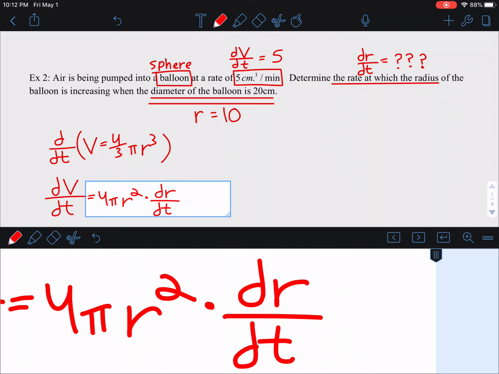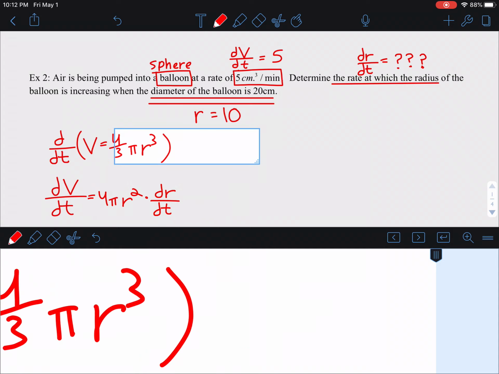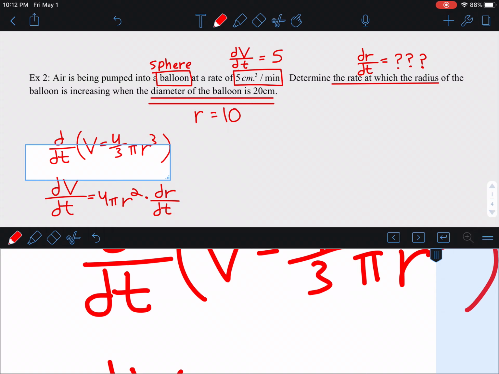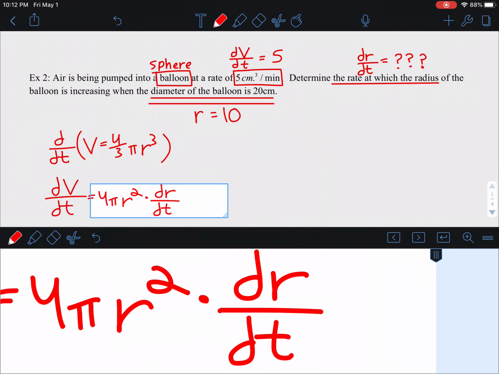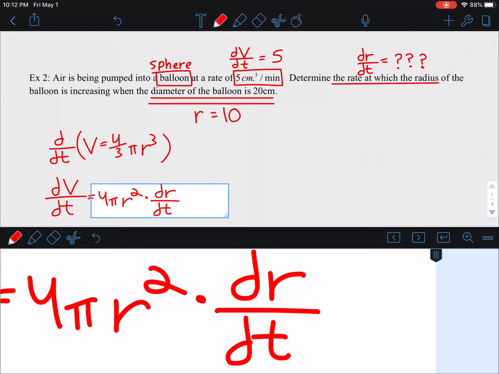Taking the derivative of a y term with respect to x, I would have to multiply by dy/dx. I'm doing the same concept here. I'm taking the derivative of an r term with respect to t, therefore, I need this rate of change term, dr/dt.